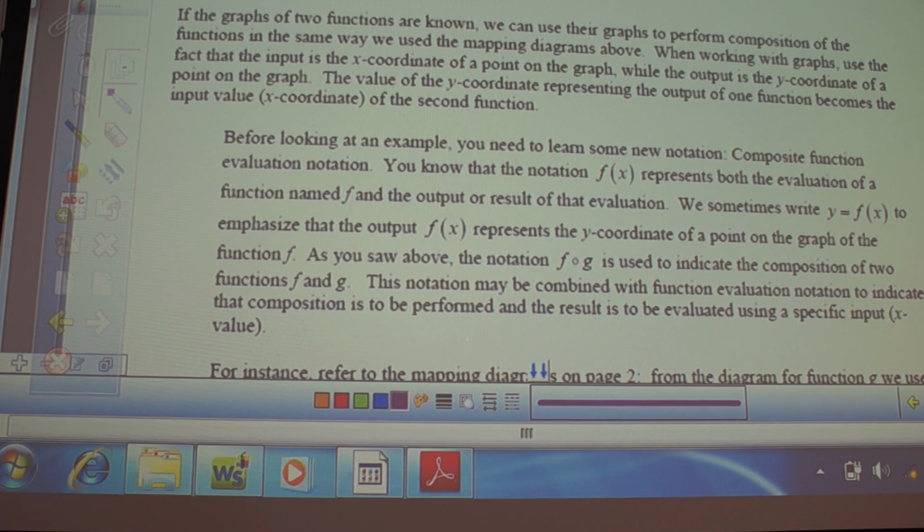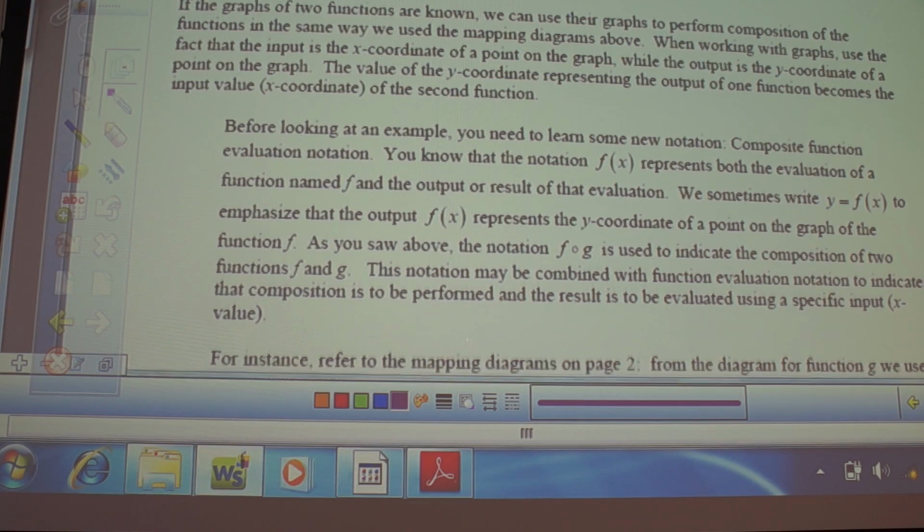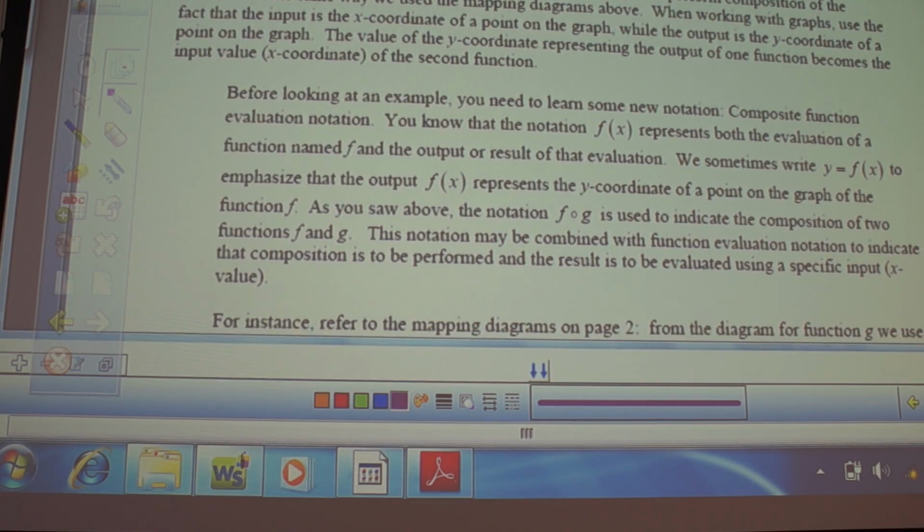Before looking at an example, we need to learn some new notation. Composite function evaluation notation. We know that the notation f(x) represents both the evaluation of a function named f and the output or result of that evaluation. We sometimes write y equals f of x to emphasize that the output f(x) represents the y-coordinate of a point on the graph of the function f.